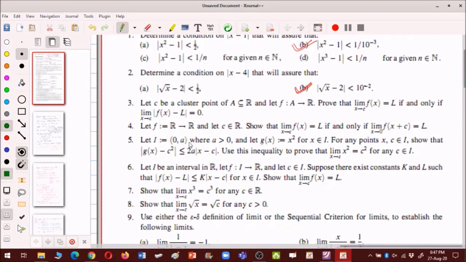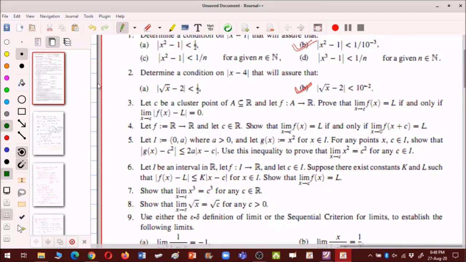We have been given an open interval I, which is (0, a), where a is some positive real number, and we have defined a function g equal to x square on I. Then for any points x, c belonging to I, we have to show that |g(x) minus c square| is less than or equal to 2a times |x minus c|, and then using this inequality we will have to show that limit x tends to c of x square is equal to c square.